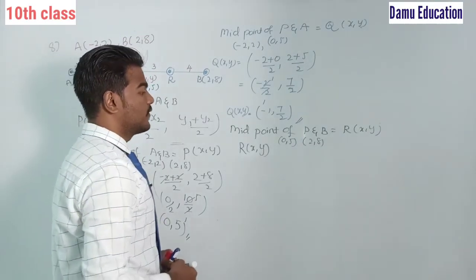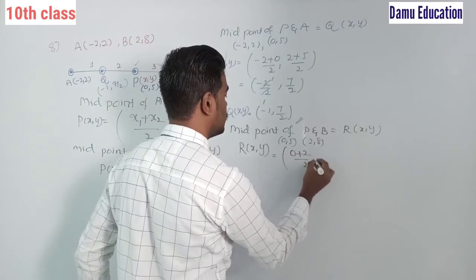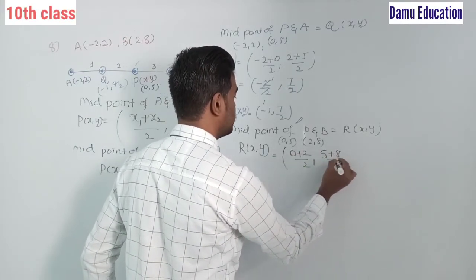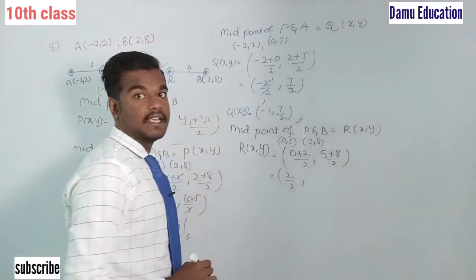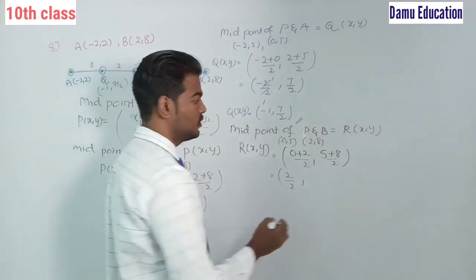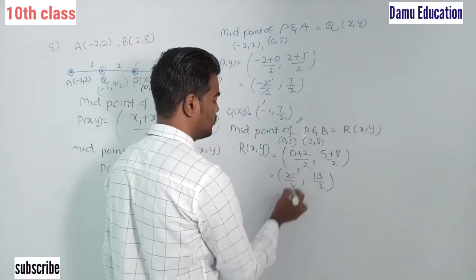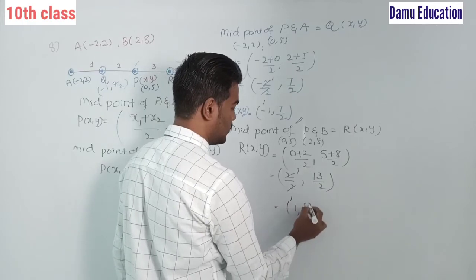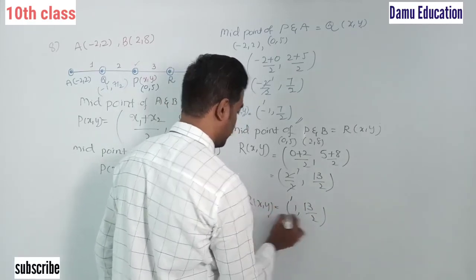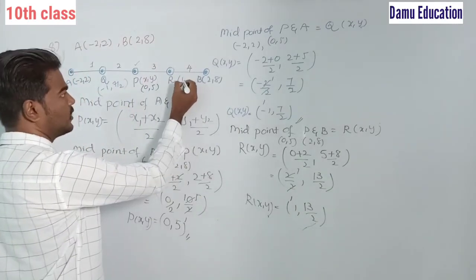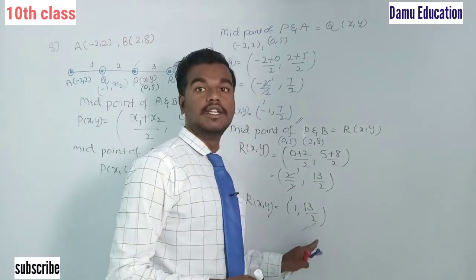So R of x comma y is x1 plus x2, 0 plus 2 by 2, and 5 plus 8 by 2. So 2 by 2 is 1, and 5 plus 8 is 13 by 2. So R of x comma y is 1 comma 13 by 2.